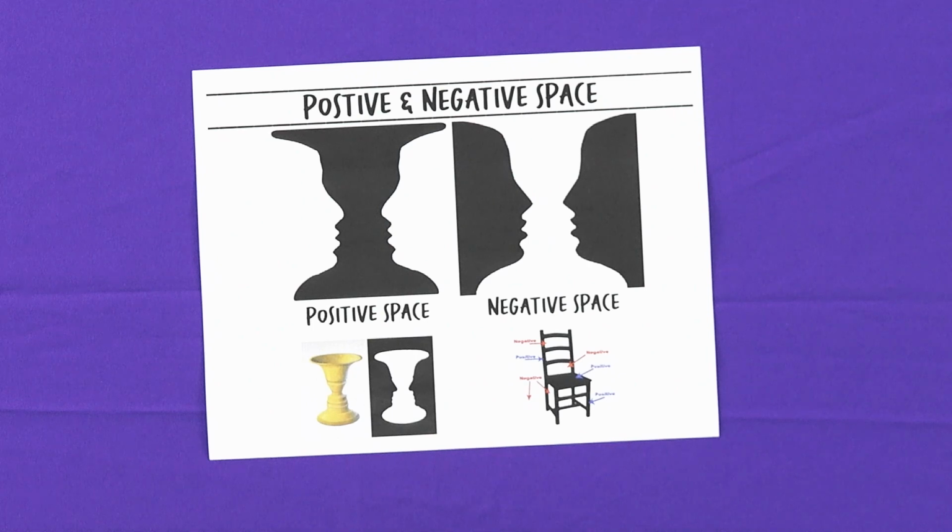How does all of this information relate to op art? Well, let's first define what op art is. Op art, short for optical art. This word optical is used to describe things that relate to how we see. Op art is a style of visual art that uses optical illusions.